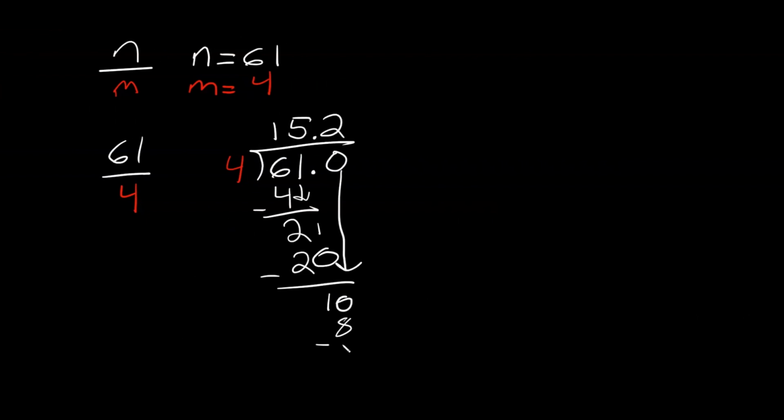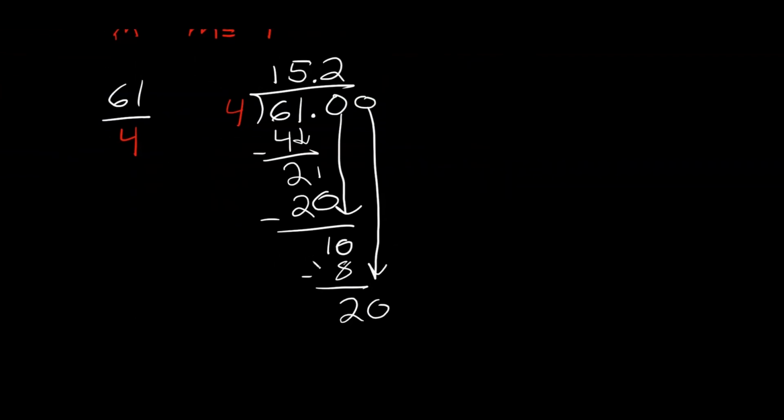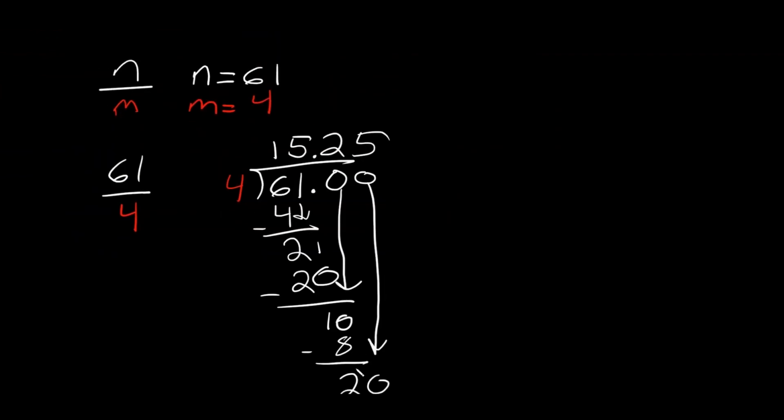That will be 8. That will leave us with a 2, and then we could drop down this other 0 here. That's 20, and then 4 goes into 20 5 times, and that leaves us with 0. So our answer here to this problem when n is equal to 61 and m is equal to 4 is 15.25.